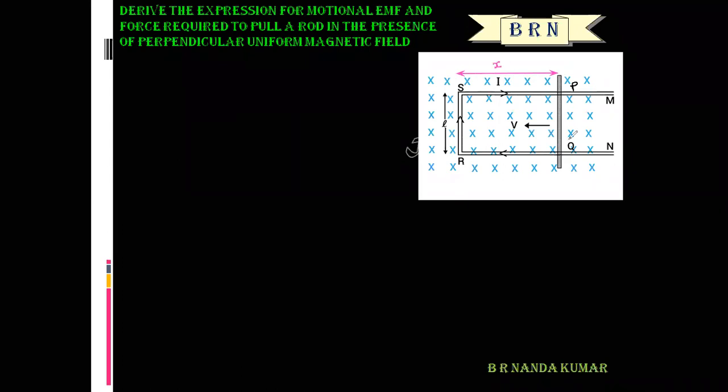When the arm PQ is moving towards the left, the magnetic field remains constant. L is the length of the rod, which also remains constant. But X is variable. When PQ is moving towards the left, X changes. So what is the total magnetic flux linked with the loop PQRS?